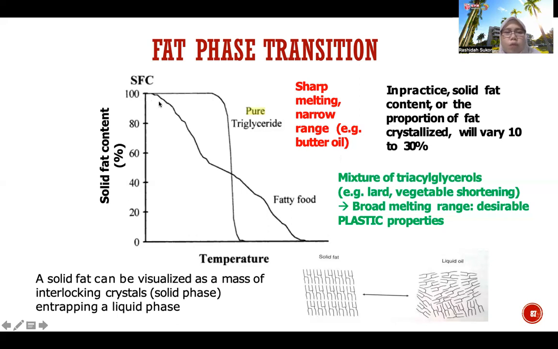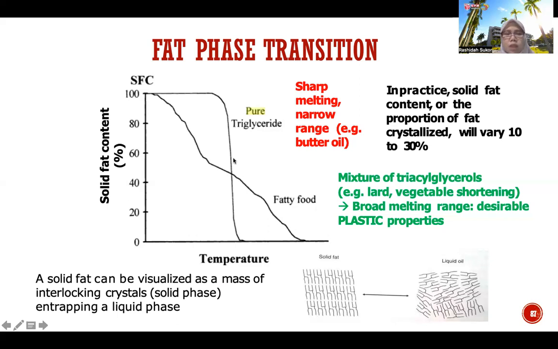But for fatty food, because it is a mix system, when the fat has become food, it is a mix of many different triglycerides, many fatty acids, so it becomes one food system. So we call it fatty food, the fat-based food.